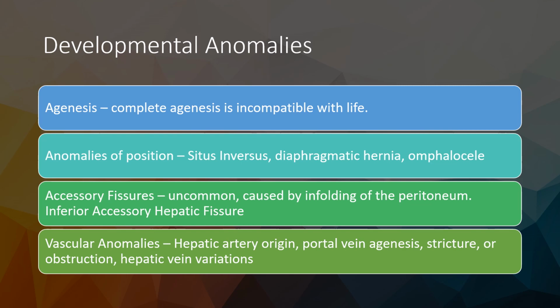You're going to see things like strictures, valve obstructions, or even portal vein agenesis, where the portal vein fails to develop and they end up with a number of collaterals that take over the function of the portal vein. Hepatic vein variations are going to be the most common thing you'll see, and there's a number of those. The accessory vein can be into the right hepatic vein, or it might be into the mid or even the left hepatic vein.